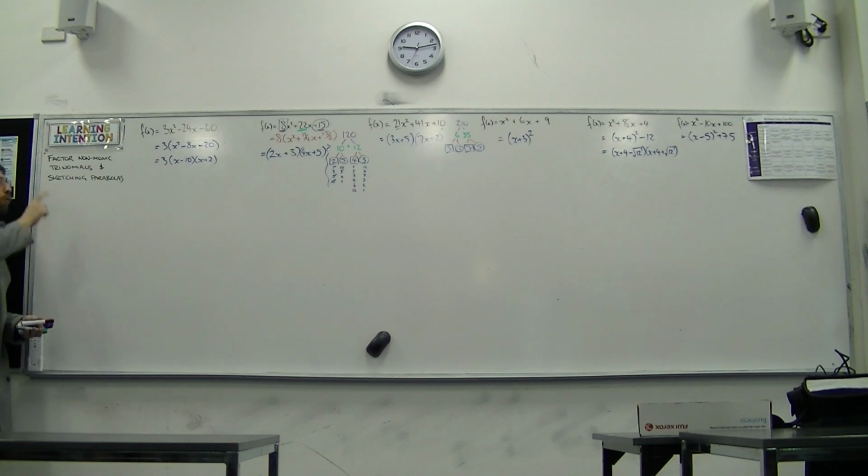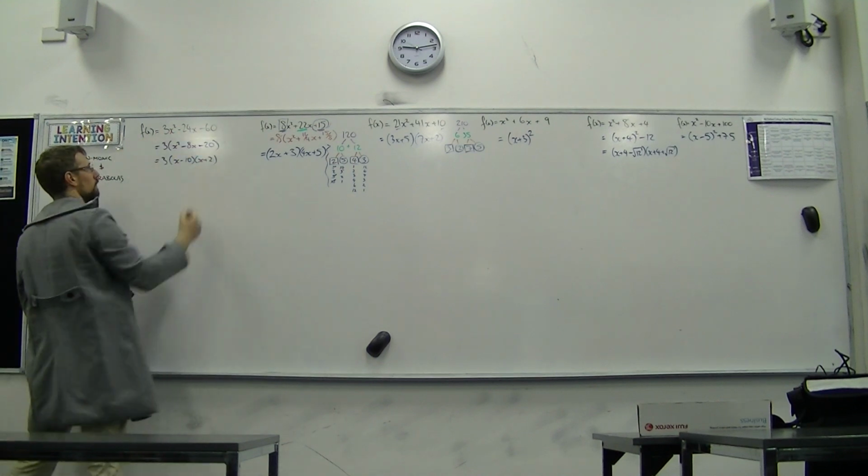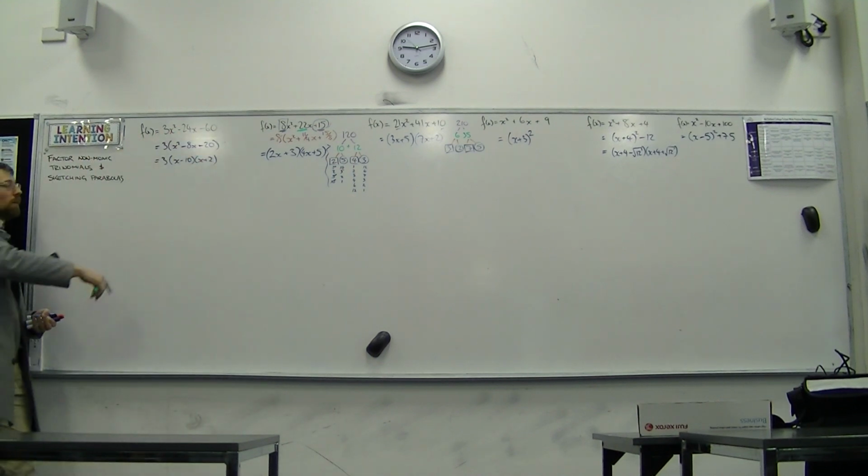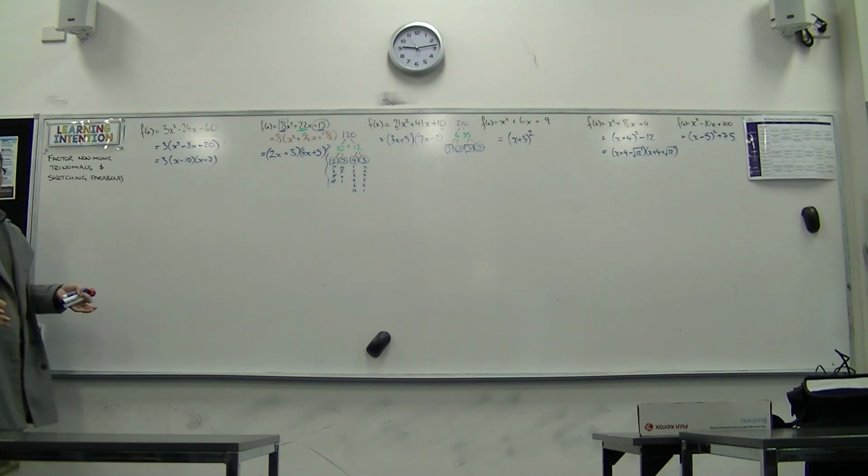All of these are going to be what sort of graph? Parabola, right? They're all going to be parabolas. Anything that's just got x squares, x's, and constants in there is going to be a parabola. The algebraic version is called a quadratic. The shape of the graph is called a parabola.